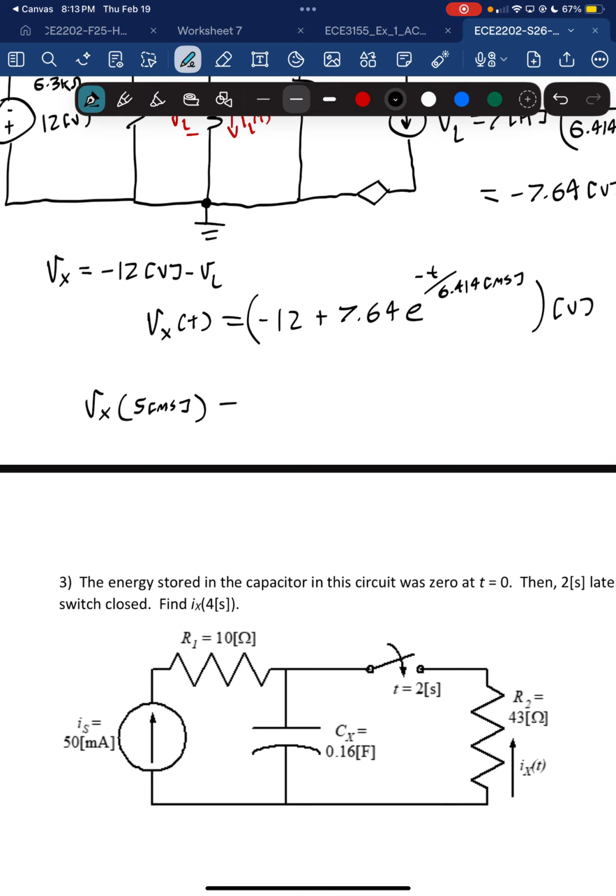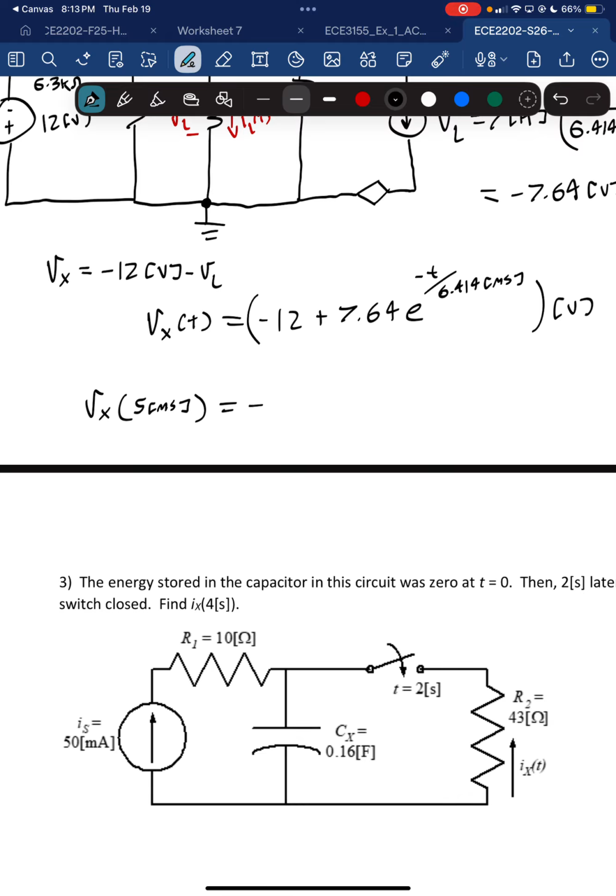So I'm just going to do that in my calculator real quick. Negative 12 plus 7.64 times e to the negative 5 over 6.414.